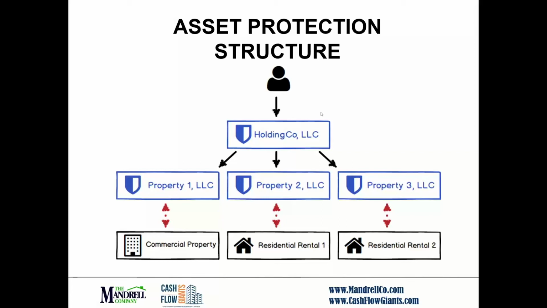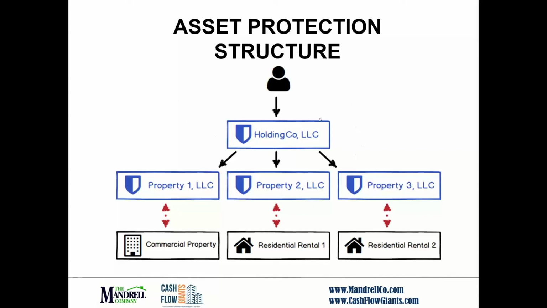If you want to remain anonymous, then this holding company is typically a Delaware or Wyoming holding company, because within Wyoming, Delaware, and I believe Nevada, you cannot look up who owns the LLC. Here in Massachusetts, this is still public record, and I can figure out who owns property number one. It still provides the asset protection, but I can basically put you into our database and see that you own property 2, 3, and 4.